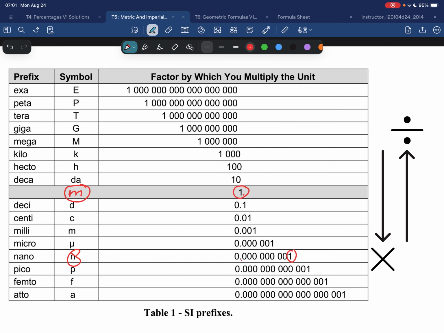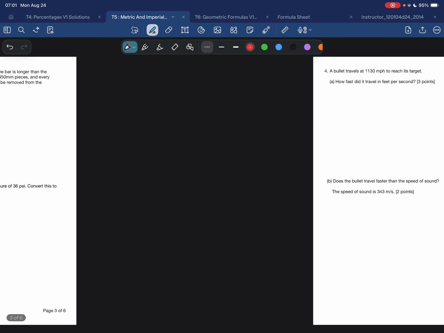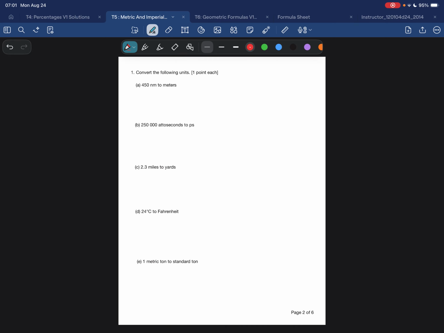The decimal needs to move 1, 2, 3, 4, 5, 6, 7, 8, 9 places to the right, so my number needs to move 9 places to go from nano to meters.